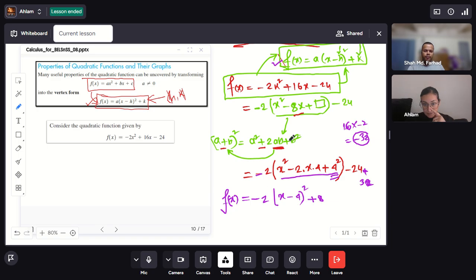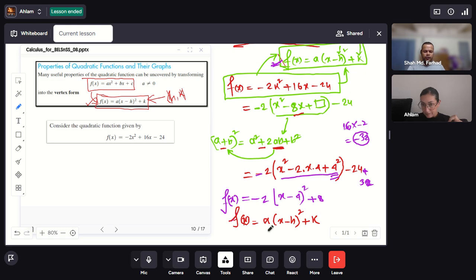That means if we compare this equation with this one, we have here f of x equals a times (x minus h) power 2, then plus k.